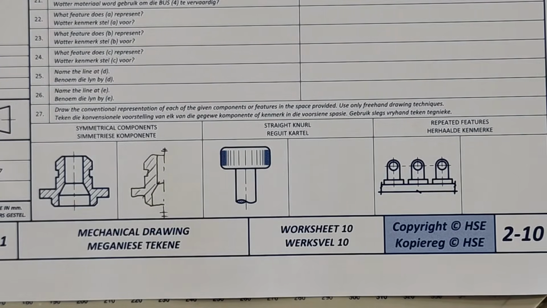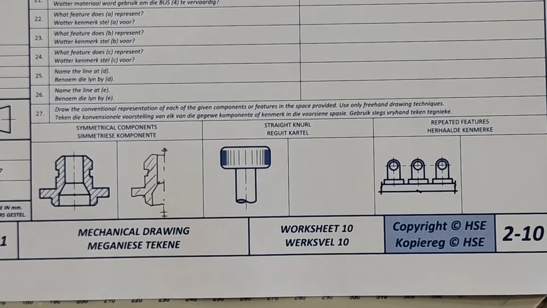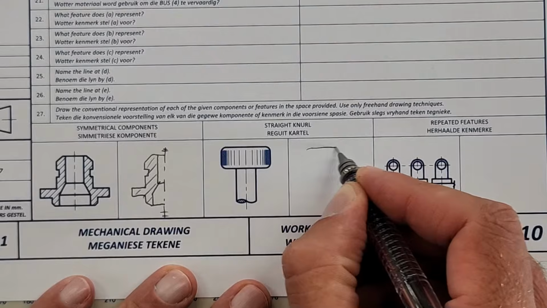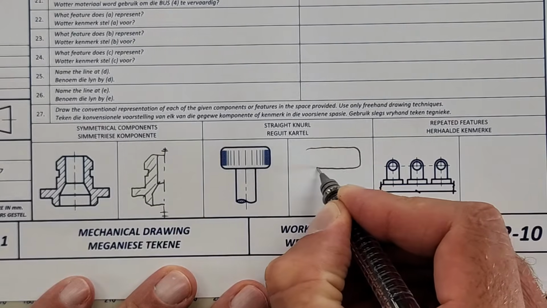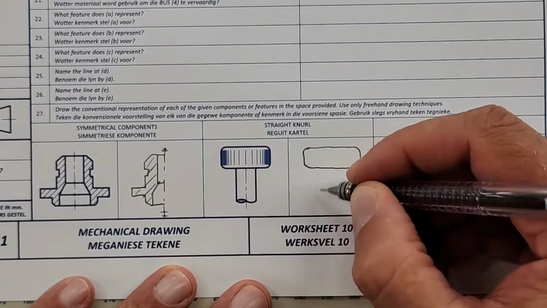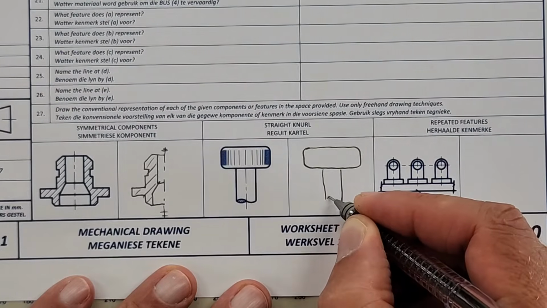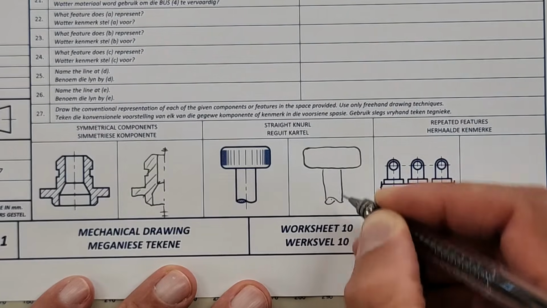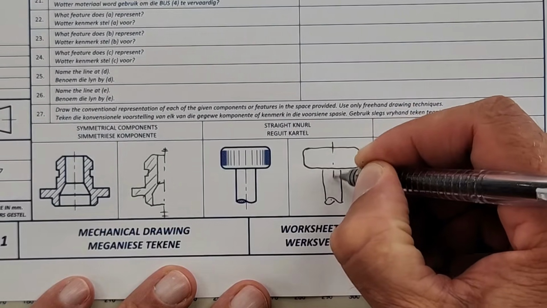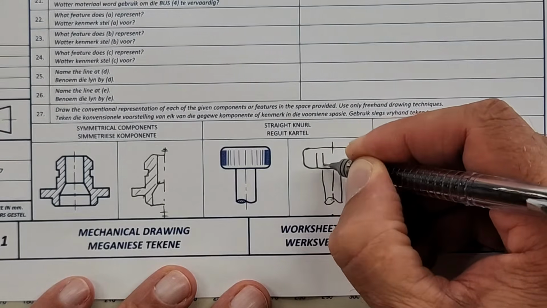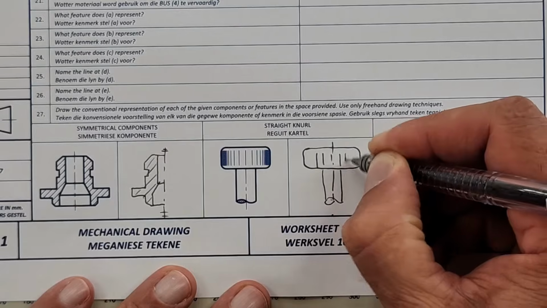Okay, then the next one, can you remember what this is? It's called straight knurling. So you can draw that in. Okay, center line. And then it's just 2 or 3 lines here.